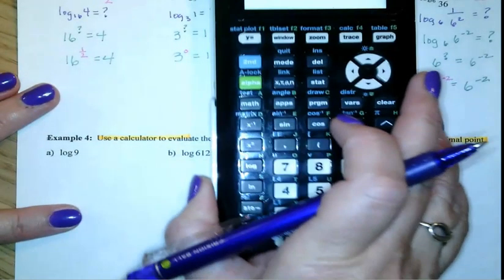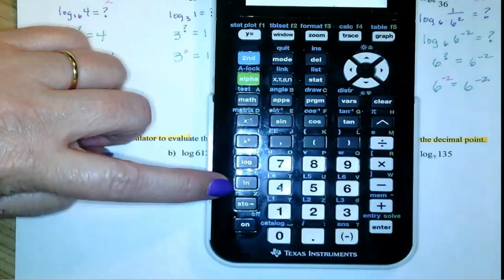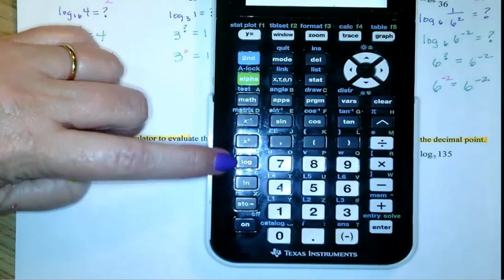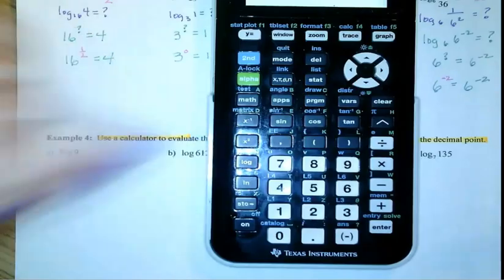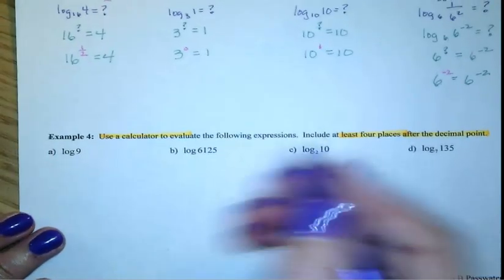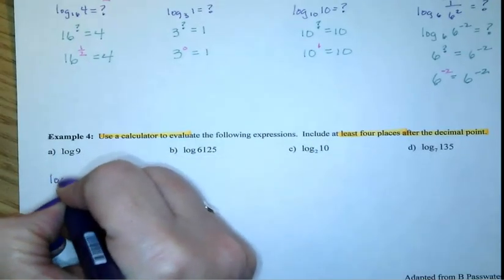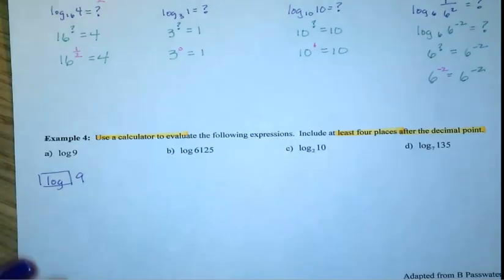Okay, so now that you have your calculator, we're going to look right here. And so notice whenever we're dealing with ln, we're going to press this button right here. And when we're dealing with log, log base 10, we're going to press this button here. So to do log base 9, then I'm going to press the log button, and then I'm going to push in the number 9.